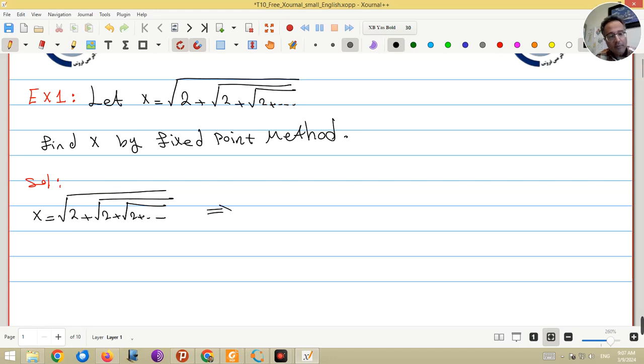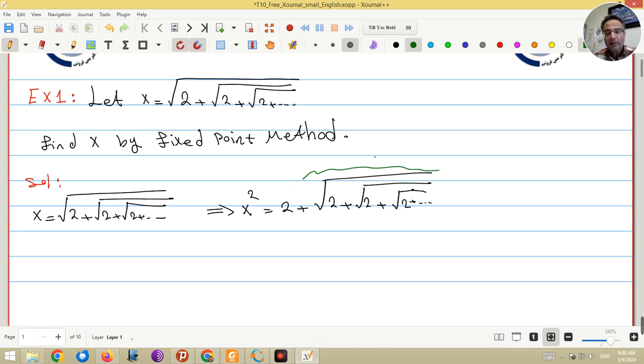Okay? This gives x squared equal to 2 plus square root of 2 plus square root of 2 plus square root of 2 and so on. Okay? But we know that this is equal to x.